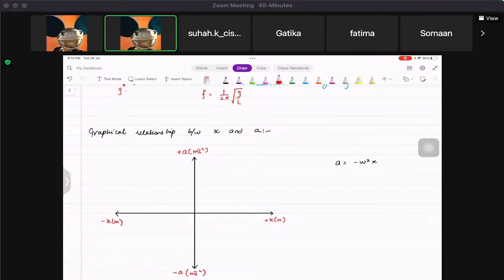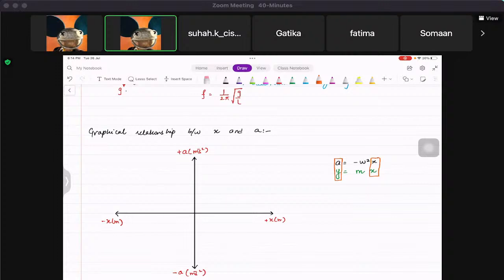According to this, you need to remember that no matter what kind of graph comes, when you compare this with the math equation y equals mx, you realize that on the y-axis you have acceleration, and on the x-axis you have displacement, which means that the gradient here would be omega squared.